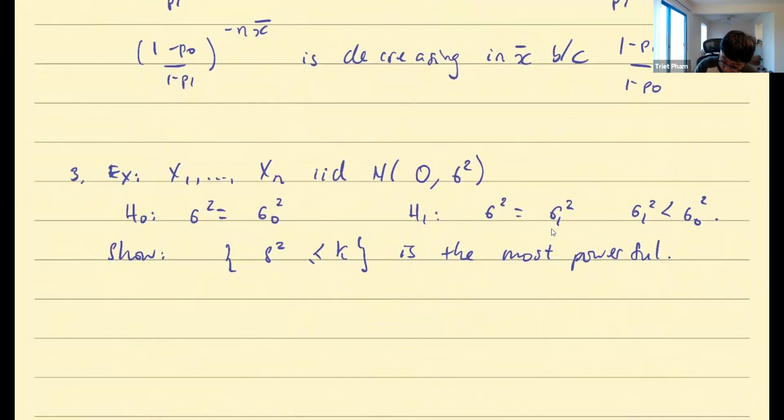Now, step 1, likelihood ratio. The likelihood ratio is almost the same, except now I have sigma 0 squared and sigma 1 squared.